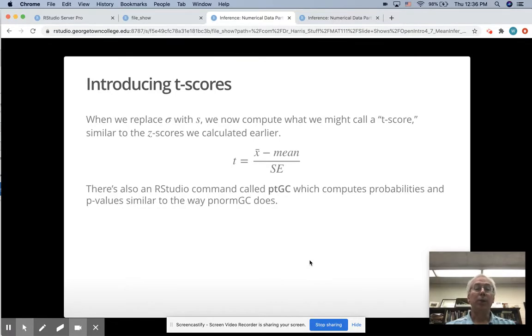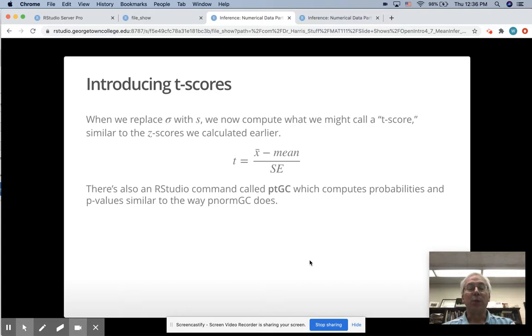We are going to use t-scores a fair amount in this chapter. So remember what a z-score was. It measured the number of standard deviations an observation was either above or below the mean. There's an analogous meaning here for t-scores.